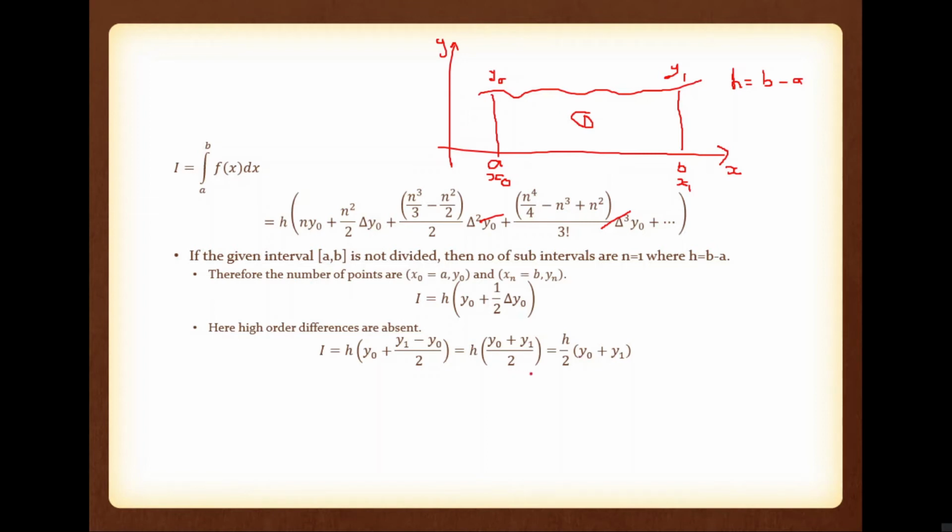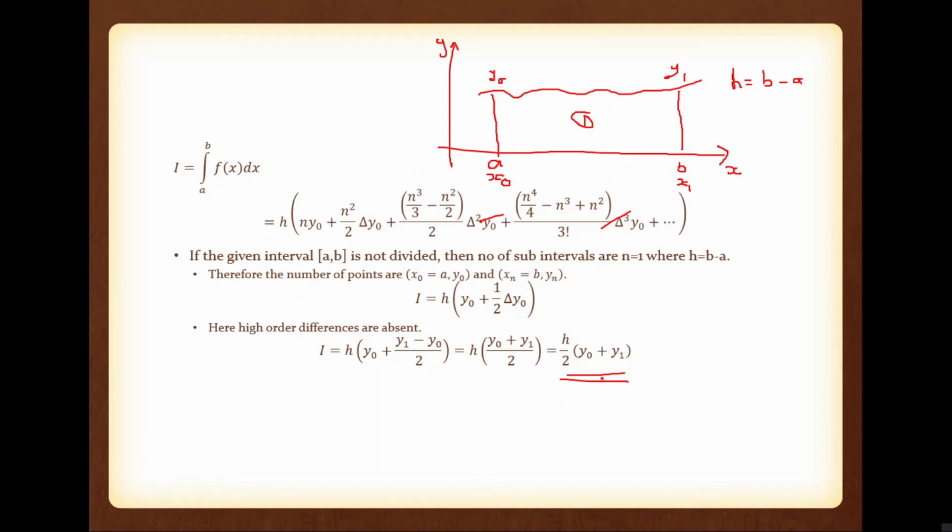Our integration I equal to integral a to b f of x dx will become h by 2 into y0 plus y1.